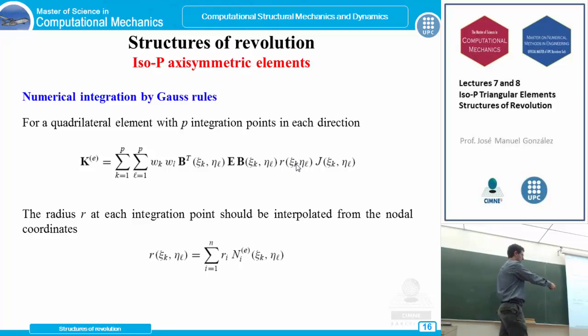And due to the change of variable from the cylindrical, in fact, to the natural coordinates, we can calculate this Jacobian, which involves the partial derivatives of the cylindrical coordinates with respect to the natural ones.